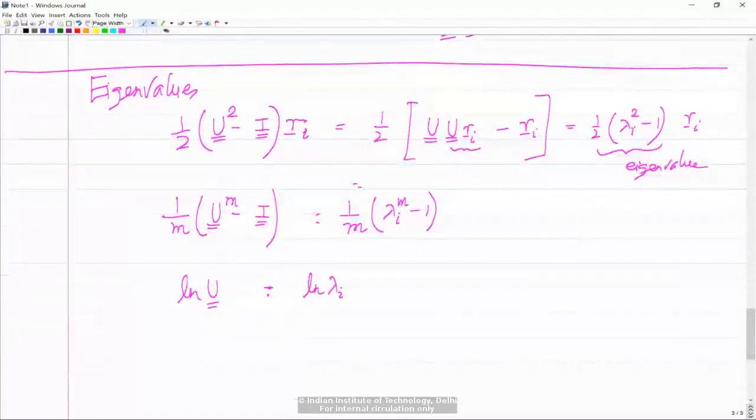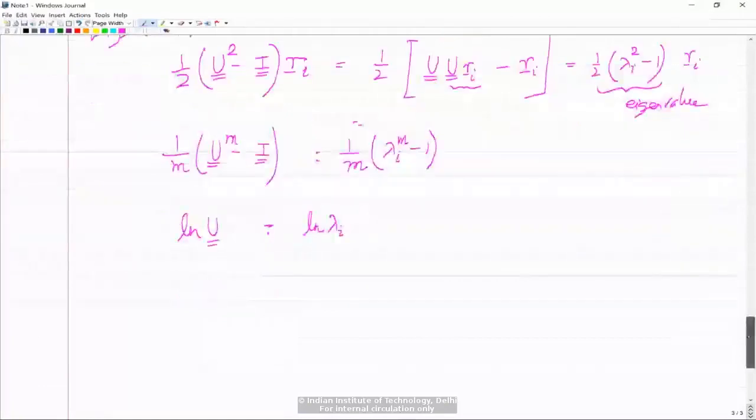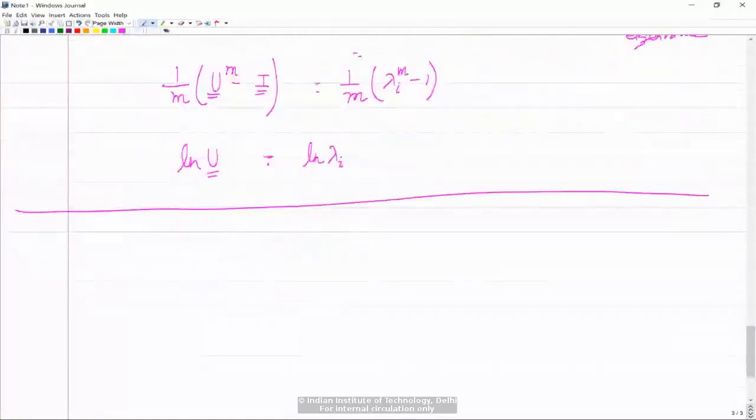All these strains have a Lagrangian flavor, right? Because they are in terms of u. You can likewise think of Eulerian strain tensors, which of course will be in terms of v inverse.